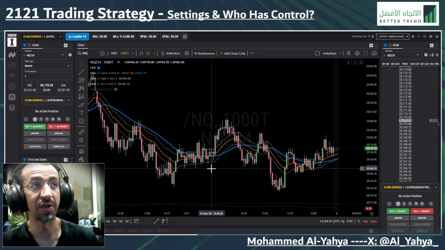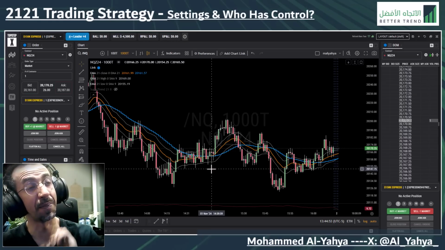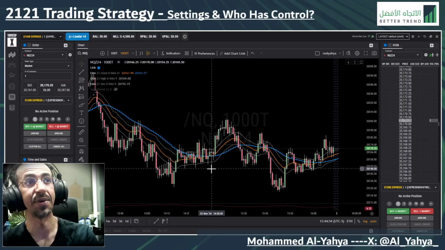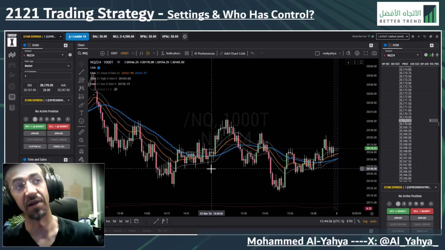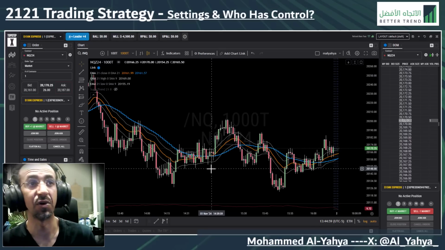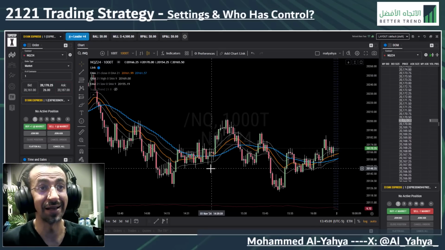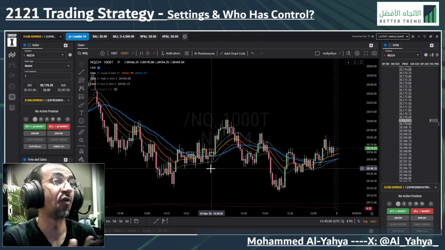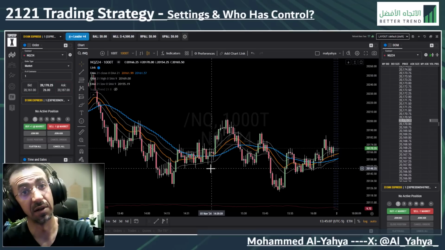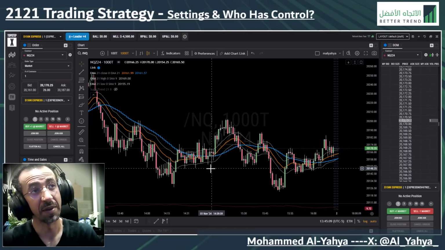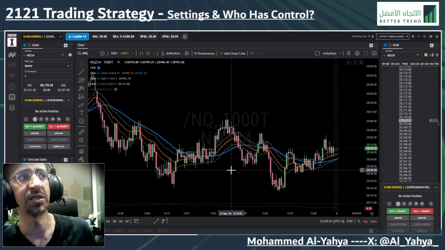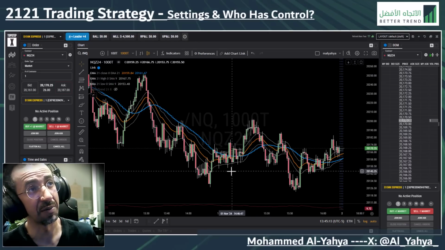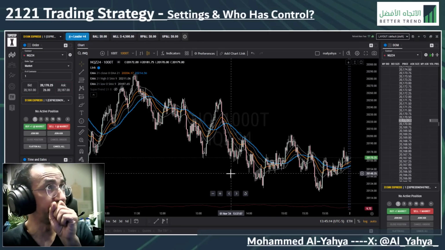Usually the volume will indicate there is buying and selling that actually happened during this candle. If I put a time frame, maybe you find a huge candle but without any volume. So instead of having a volume indicator and other indicators, I use the tick chart, which helps me a lot during my trading.